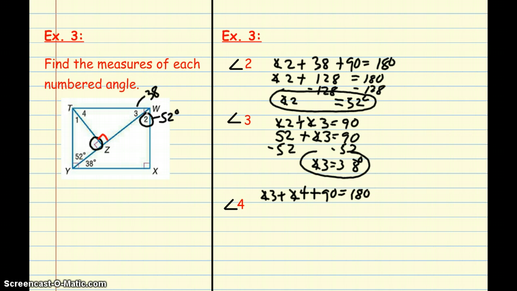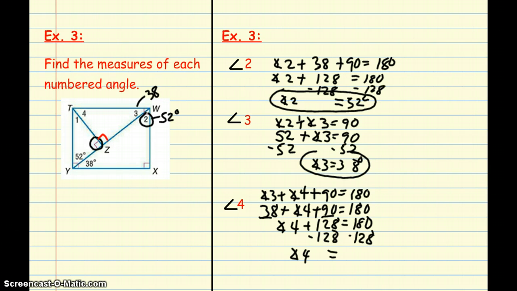We just found out that angle 3 is 38 degrees. And so I combine my 38 and my 90 to give me 128. And then I subtract my 128. So angle 4 is equal to 52 degrees.